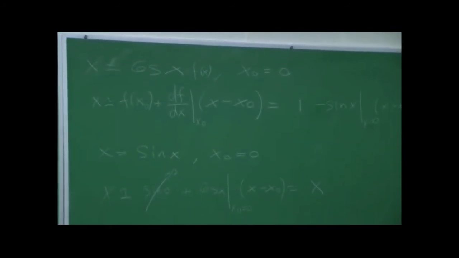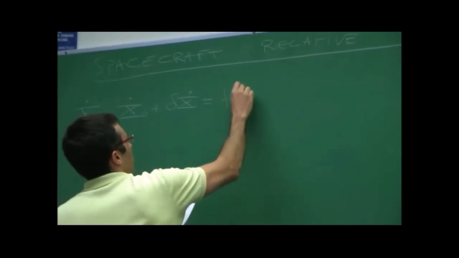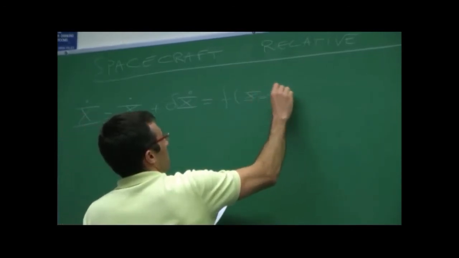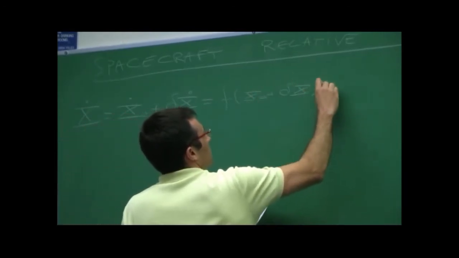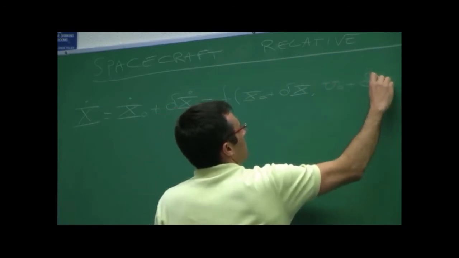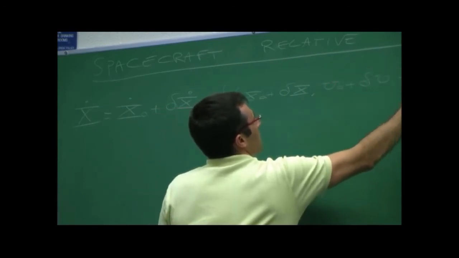So this is what you get. You get a big X, the entire state space vector. X dot is equal to x0 dot plus the delta x dot, which is equal to, of course, f in x0 plus delta x, u0 plus delta u, and time.